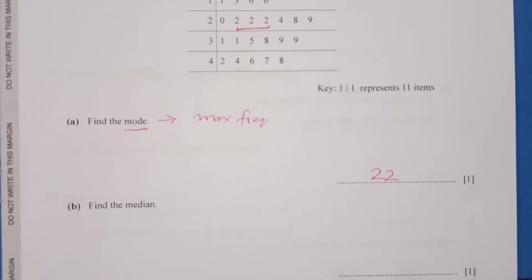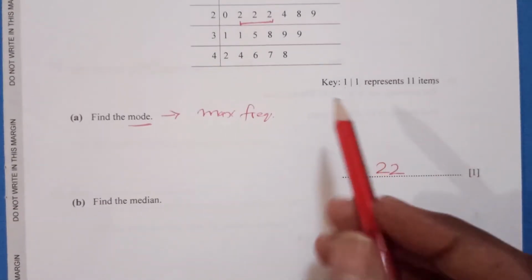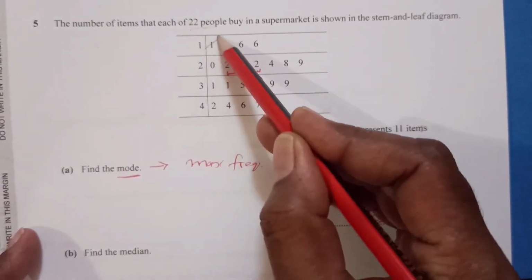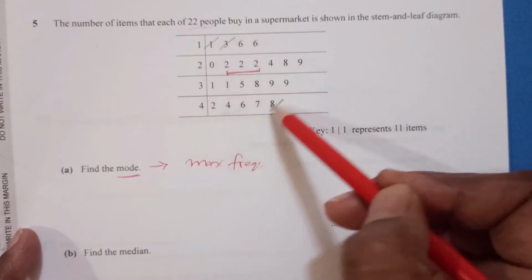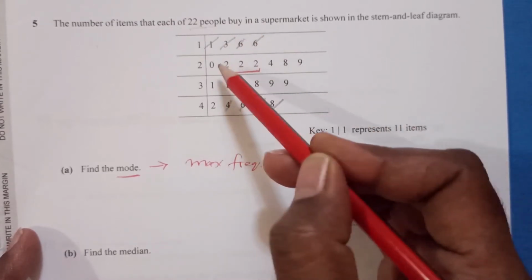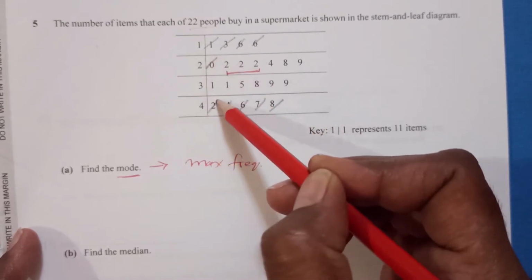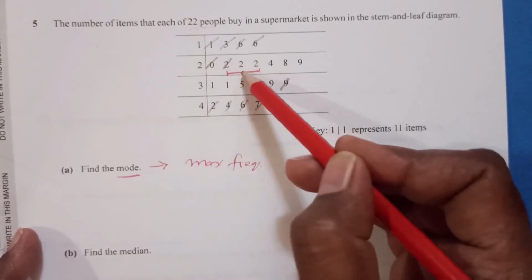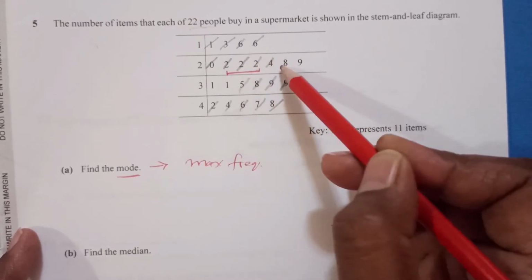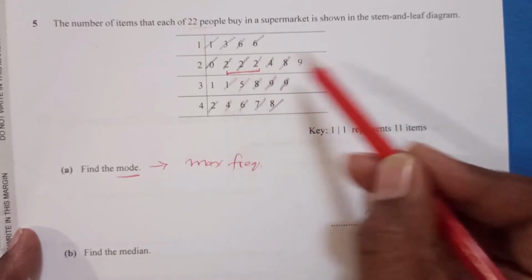Now the median. For the median we have to follow the process that we usually do. We are looking for the middle number, so we will start from here and cancel out first and last, second and second last, third and third last, fourth, fifth, sixth, like this. We will go one by one. Now what are we left with?